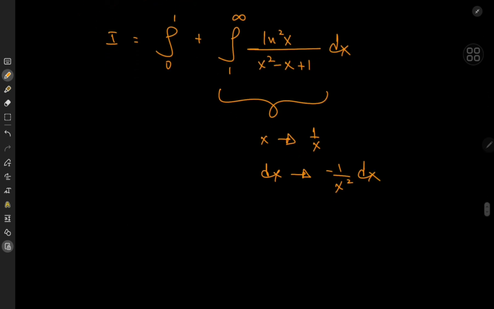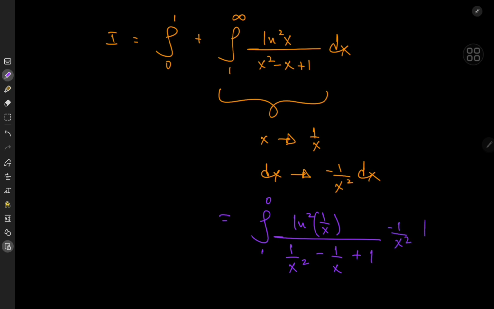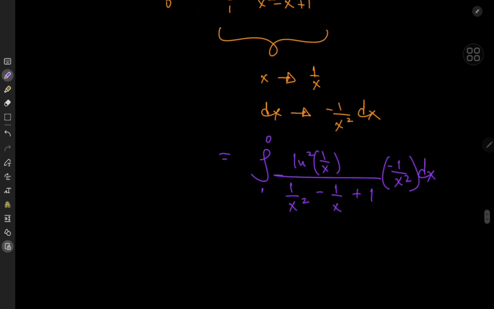So that means for this integral, we have the integral from 1 to 0 now of log square 1 by x divided by 1 by x squared minus 1 by x plus 1, and the differential element is now negative 1 by x squared dx.